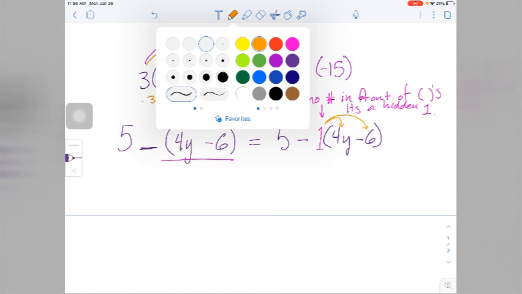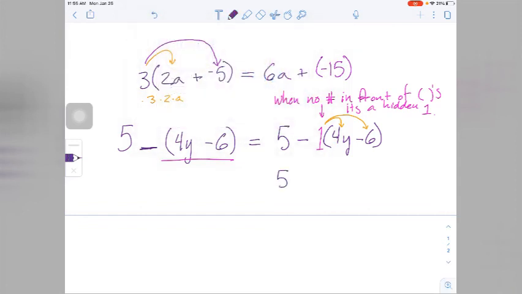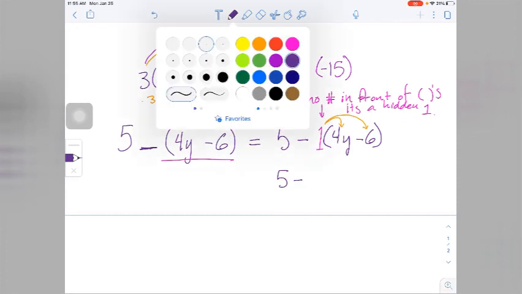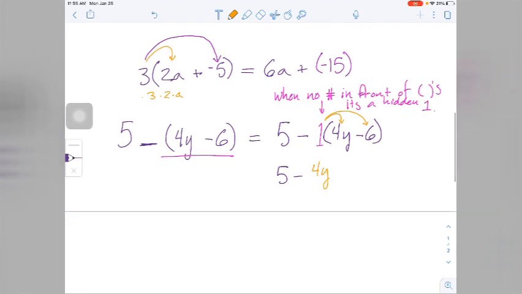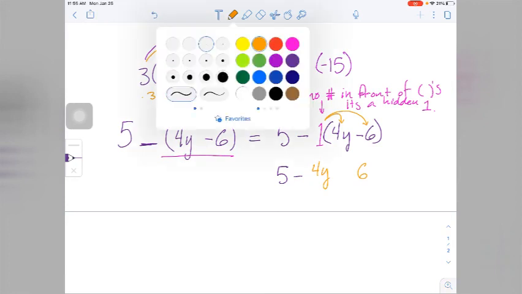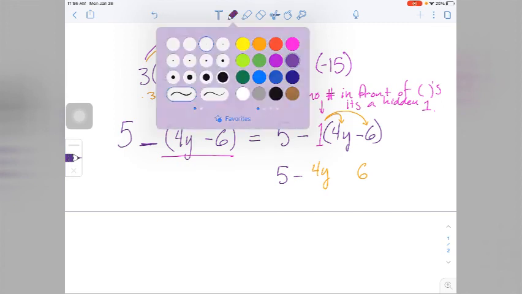So I would rewrite my equation like this: 5 minus 4y, and then the question is, it's going to be 1 times 6, which is 6, but there is a weird thing that goes on here, and this is why I have taught you guys how to do keep, change.